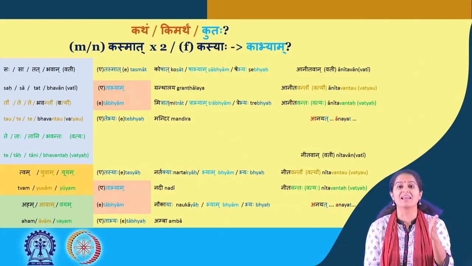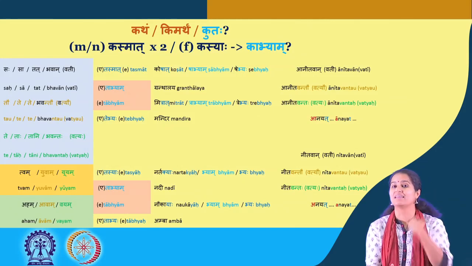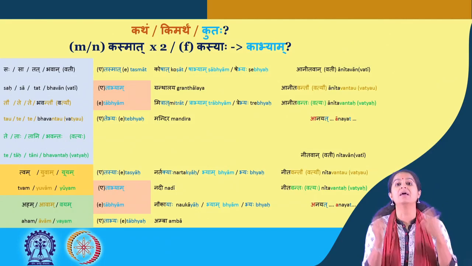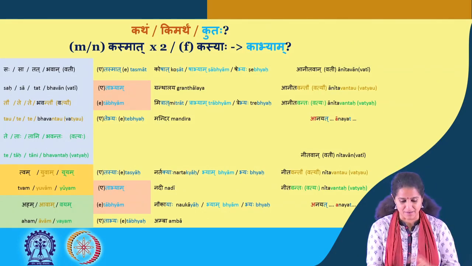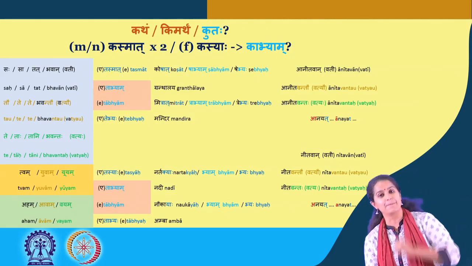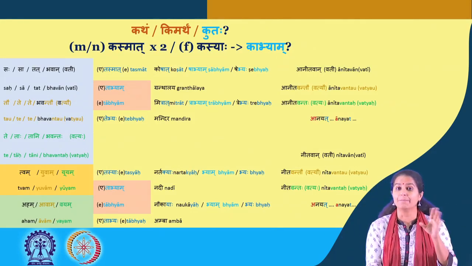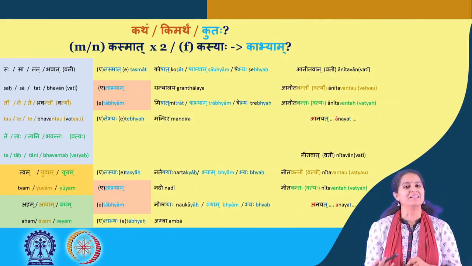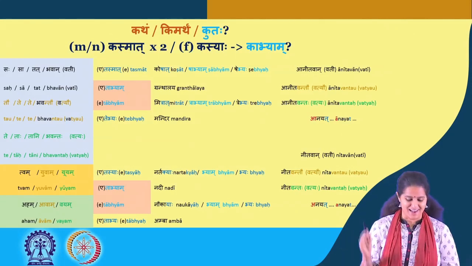Next, granthalayah, granthalayat anitavan, granthalayabhyam anitavan, granthalayebhyah anitavan. Neuter, mitram becomes mitrat anitavan, two of them, mitrabhyam anitavan, plural mitrebhyah anitavan. Mandira, mandirat anitavan, two of them, mandirabhyam anitavan, plural mandirebhyah anitavan.